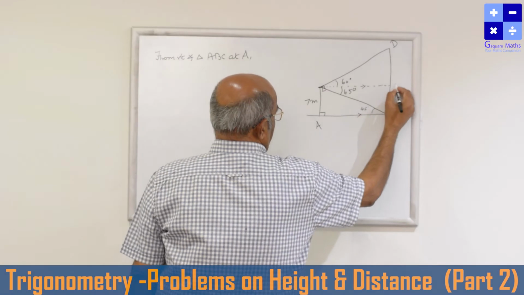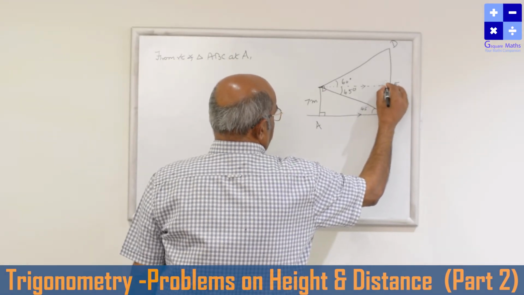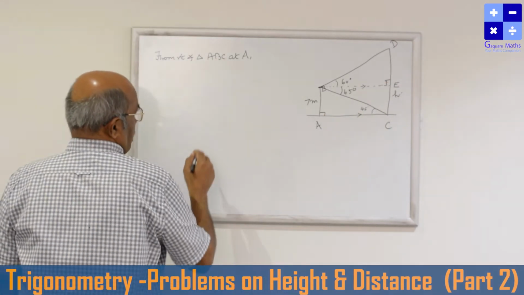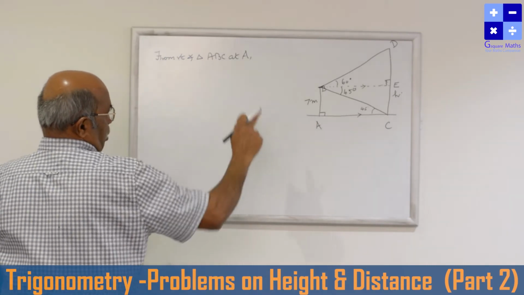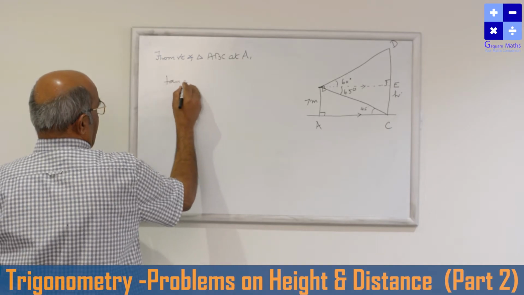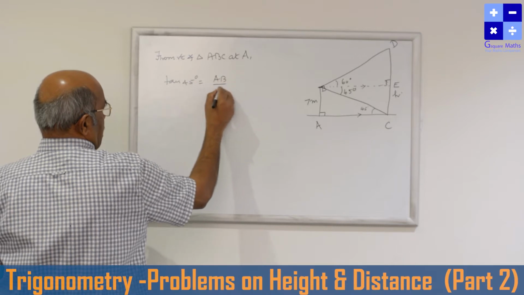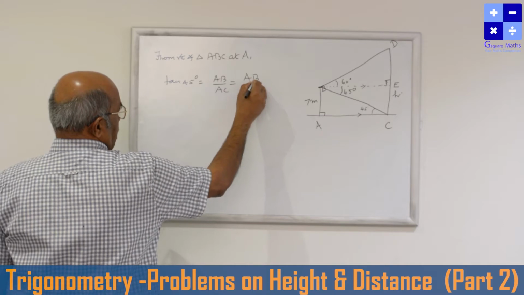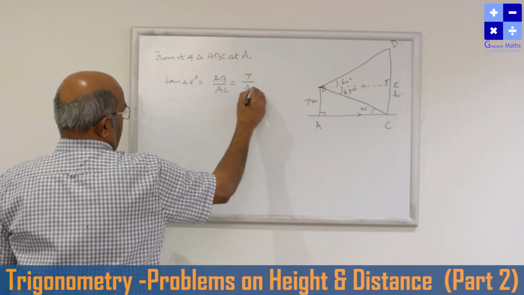Draw a perpendicular, let BE be the perpendicular to this. So in the right angle triangle ABC, right angle at A, tan 45 is equal to AB by AC. AB is given as 7, over AC.